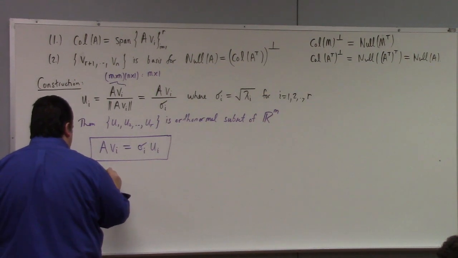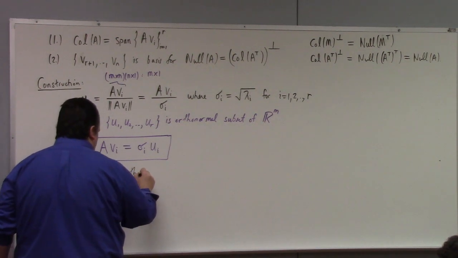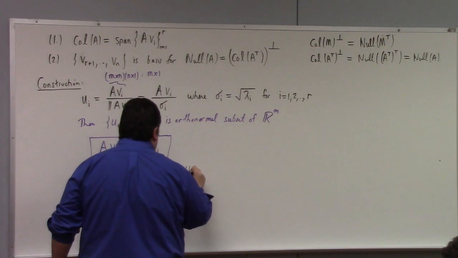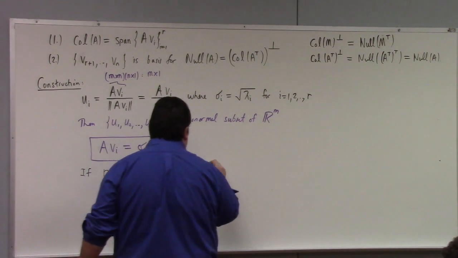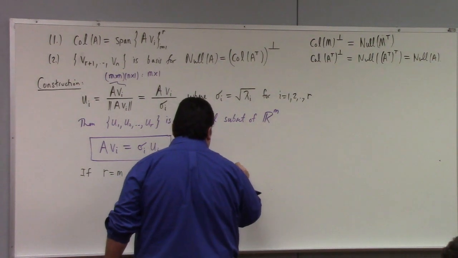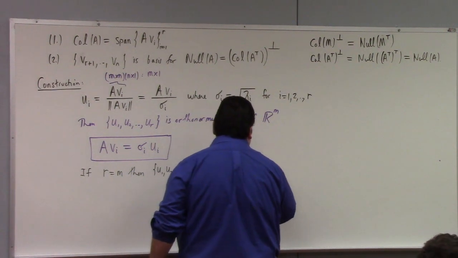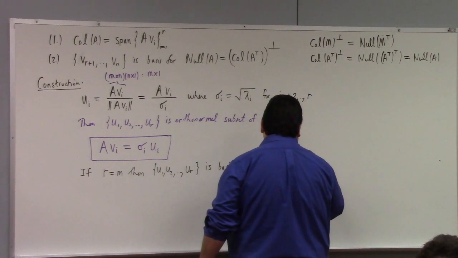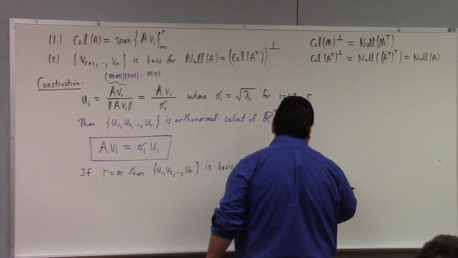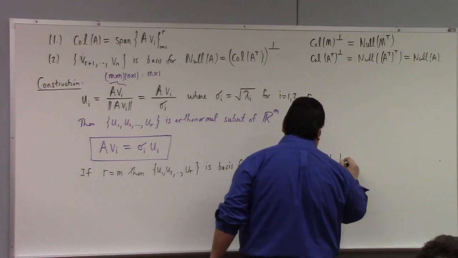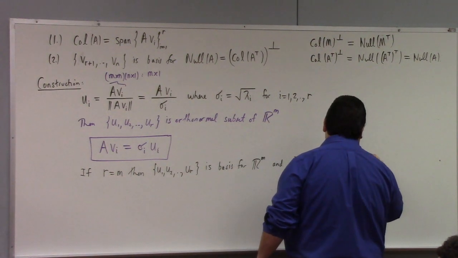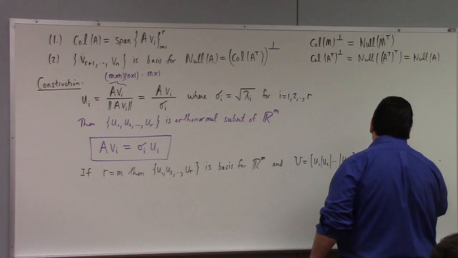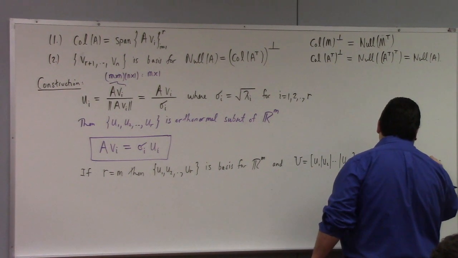So if r is equal to m, then this u1, u2, ..., ur is a basis for R^m. And if we look at U equal to u1, u2, ..., um, this has what? U transpose U equal to I_m, right?